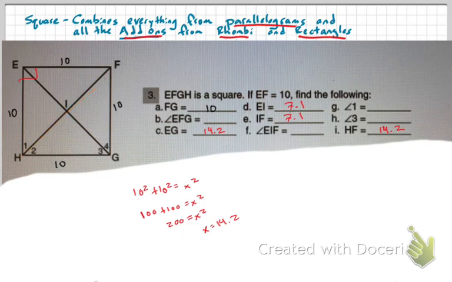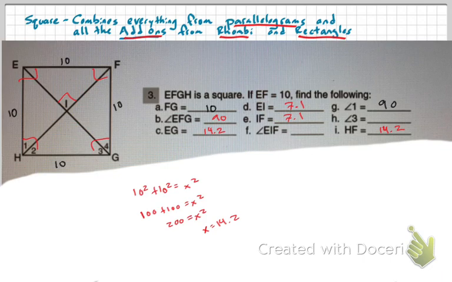Okay? And the last thing is just understanding the angles. Remember, the diagonals of a rhombus are perpendicular, so that means diagonals of a square are also perpendicular. So angle 1 is 90 degrees. And then remember, since it's a rectangle, these corners are right angles as well. So that means EFG is also 90 degrees.